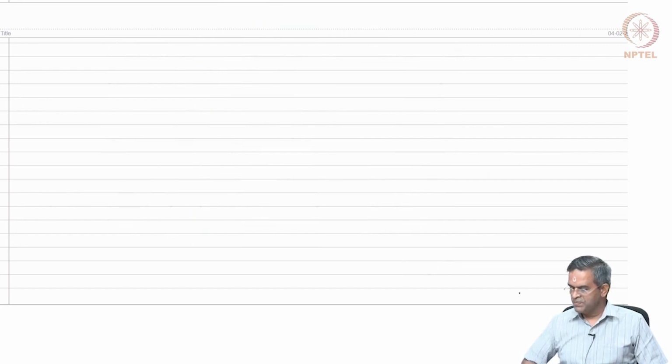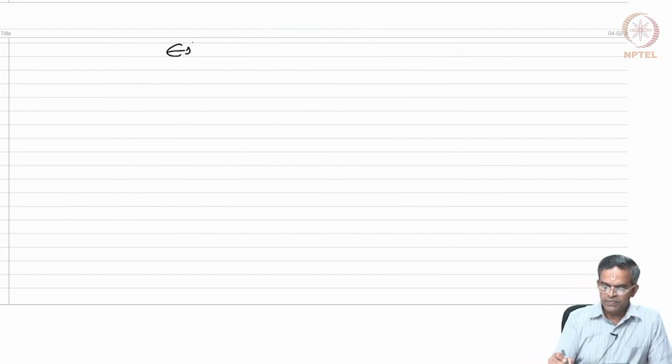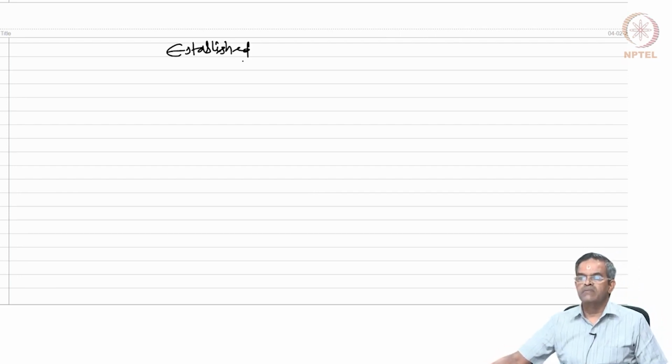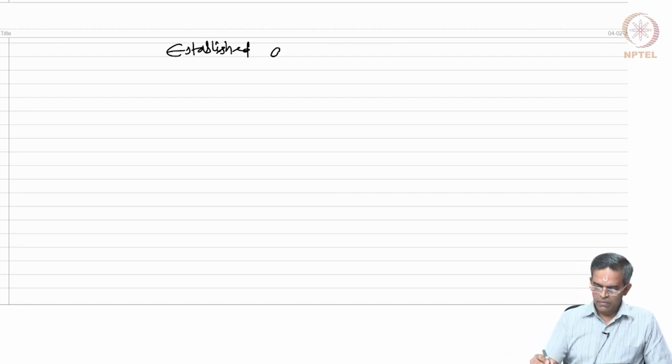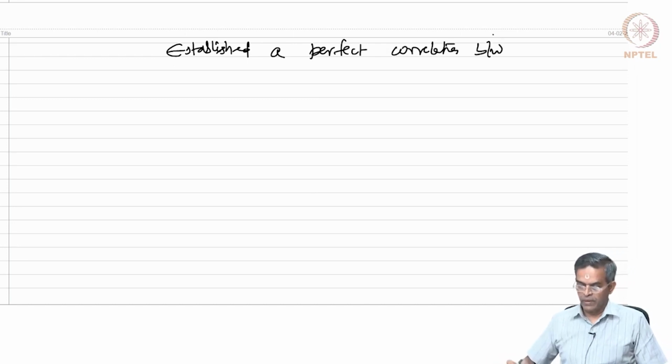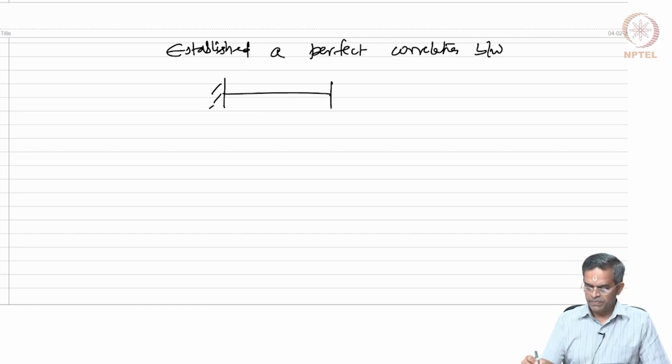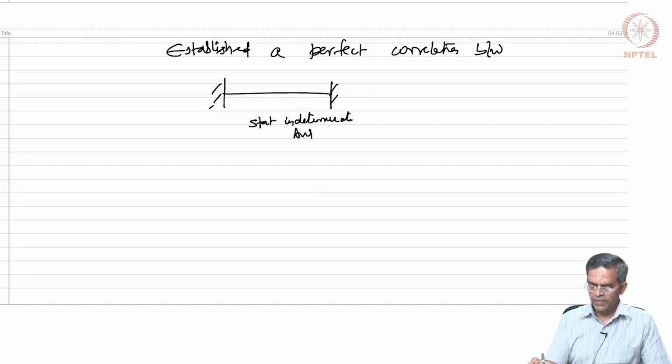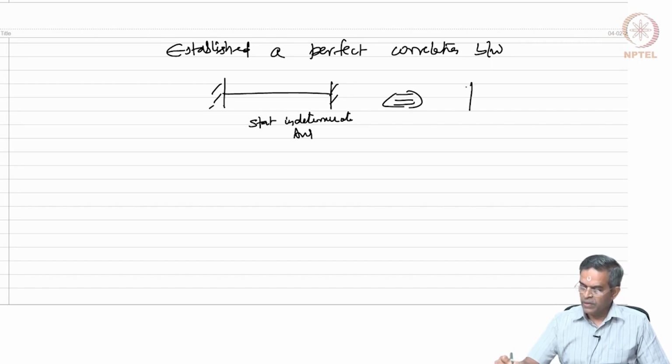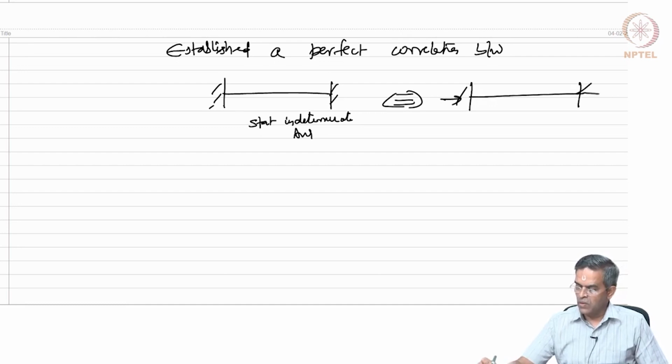Now, having said this, we have established a perfect correlation between a standard fixed beam used for static indeterminate analysis with that of a problem with axial load to derive stability functions.